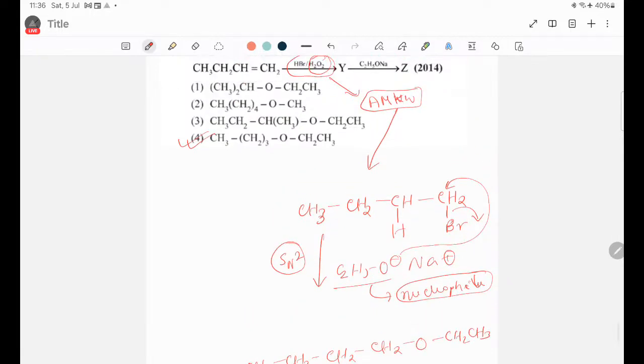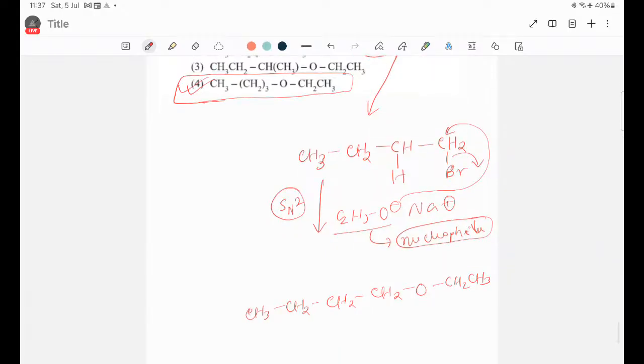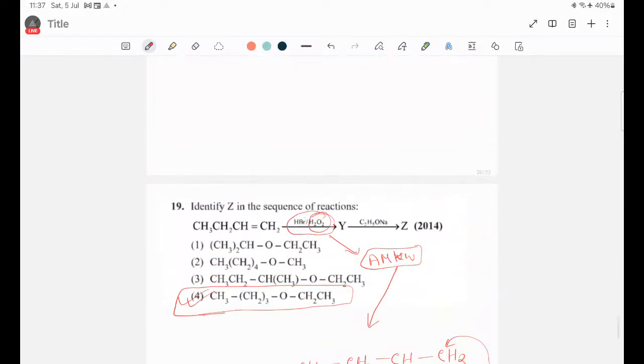Now if you compare all the products, option 4 will be the correct option. Just look into this mechanism. It is very easy whenever you have HBr, a hydrohalide.